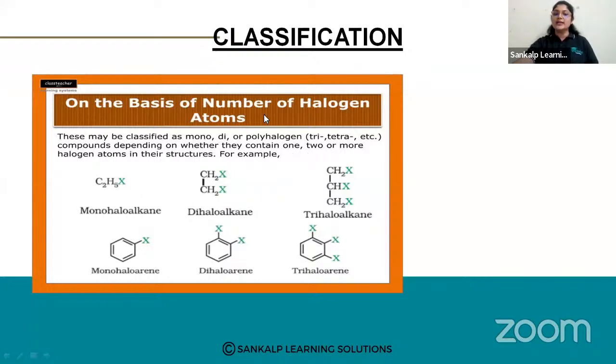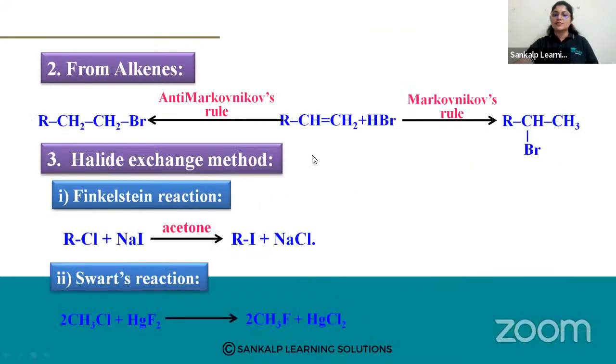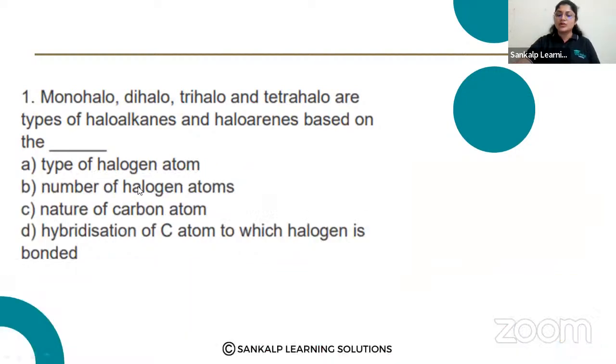Here, monohaloalkane. So it depends on what? On the basis of the number of what? Halogen atoms.